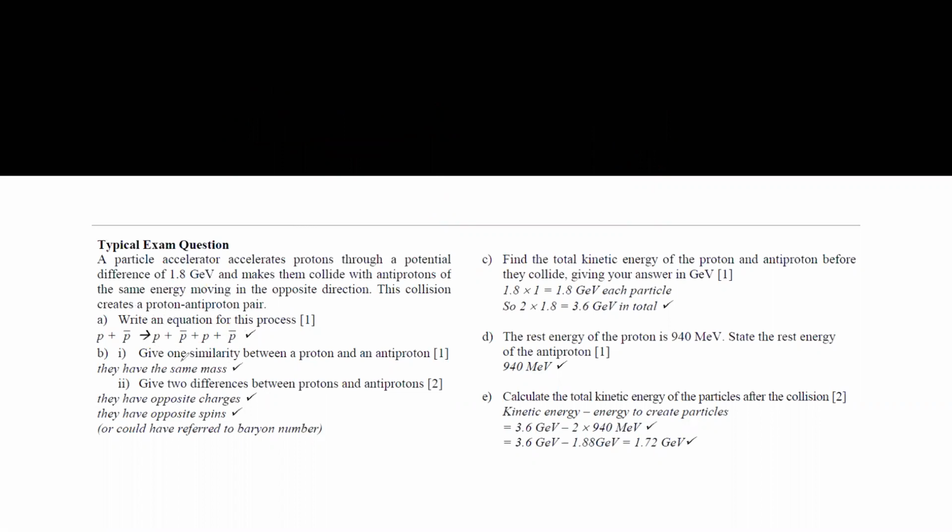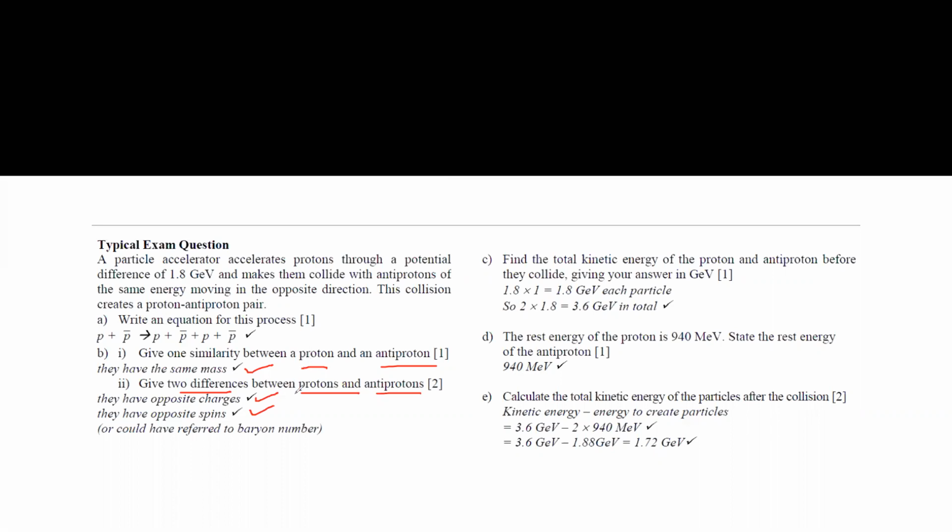Now give one similarity between proton and antiproton. What is the similarity between particle and antiparticle? They have the same mass. And two differences between proton and antiproton, or between particle and antiparticle: they have opposite charges and they have opposite spins as well. For example, if one is rotating clockwise, the other is rotating anti-clockwise.